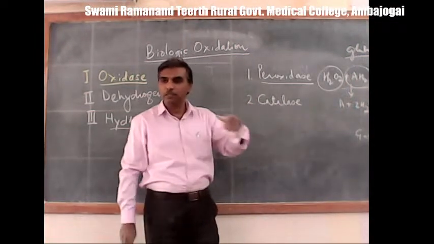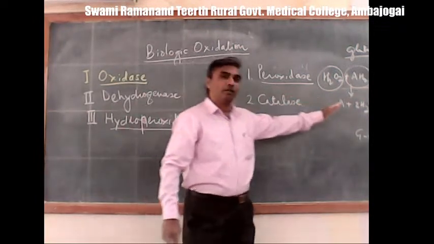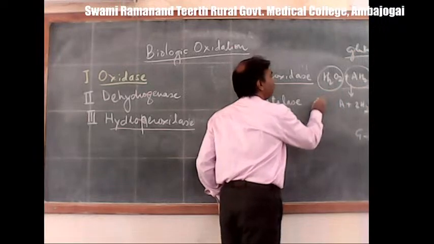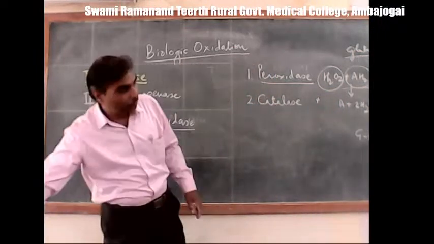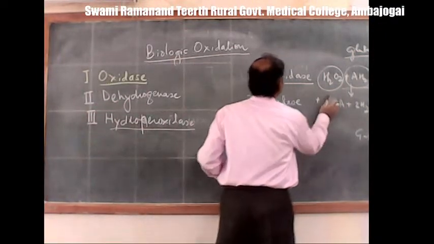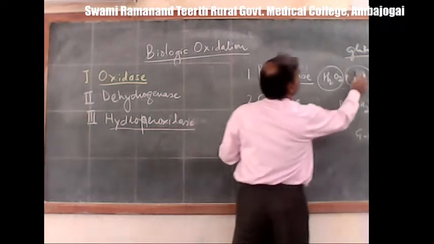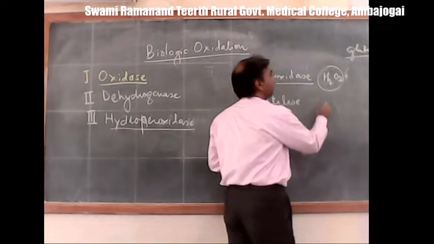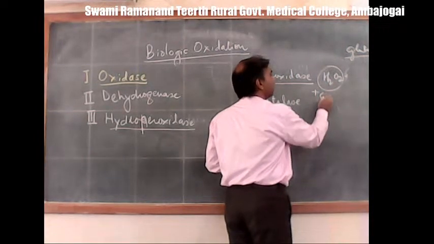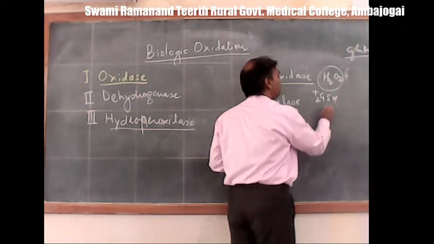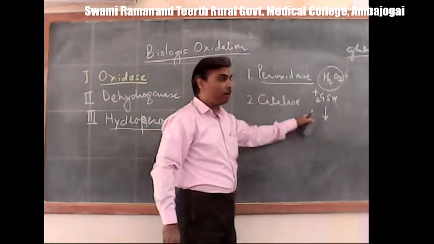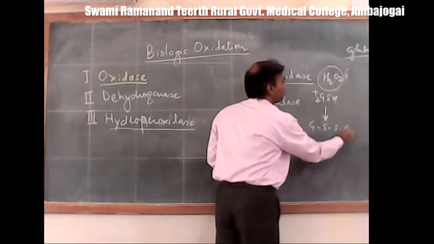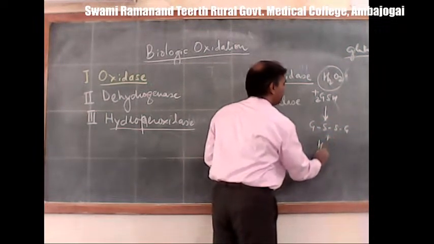So H2O2 plus 2GSH, reduced glutathione, is converted into oxidized glutathione and water.